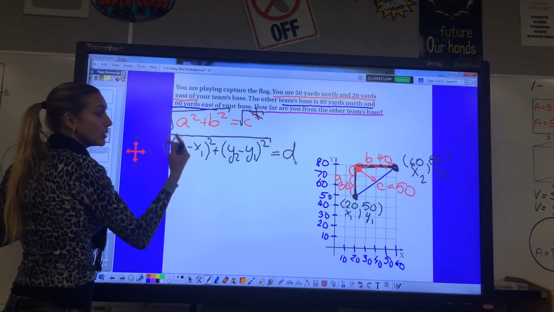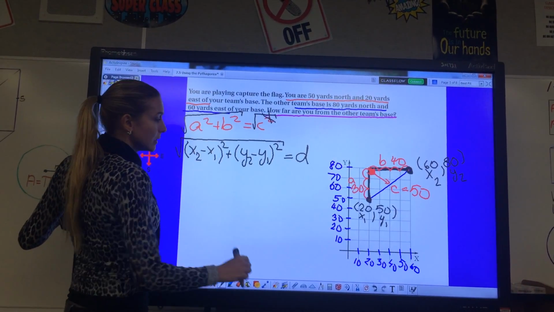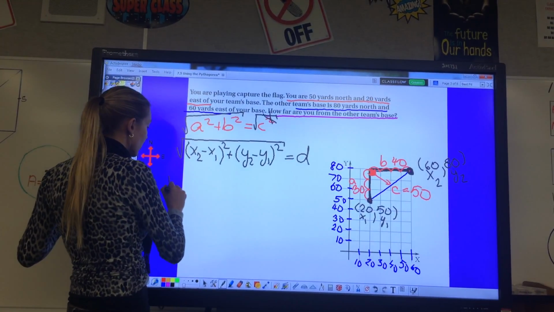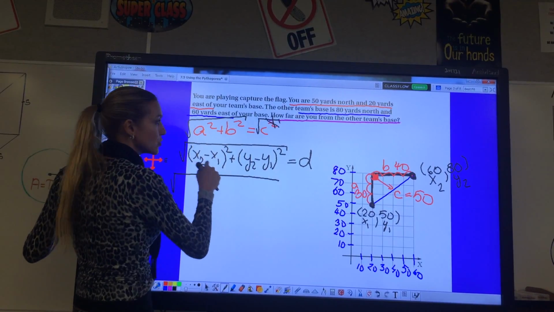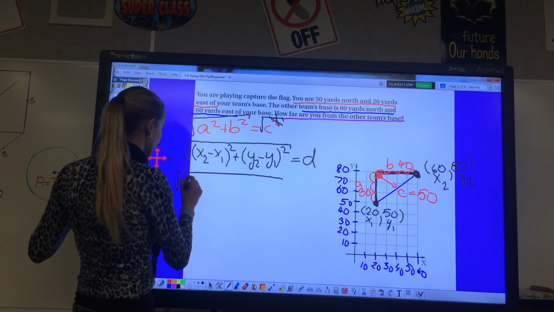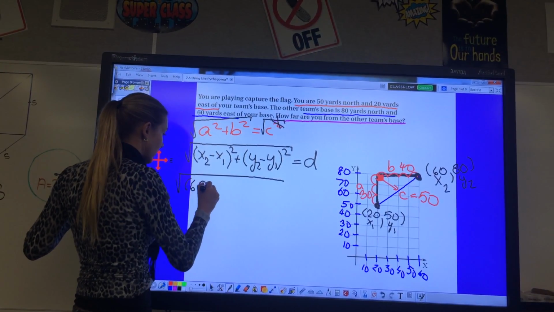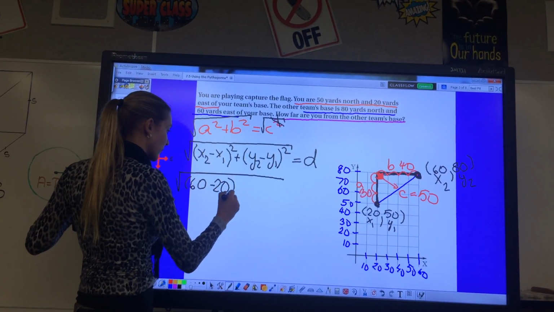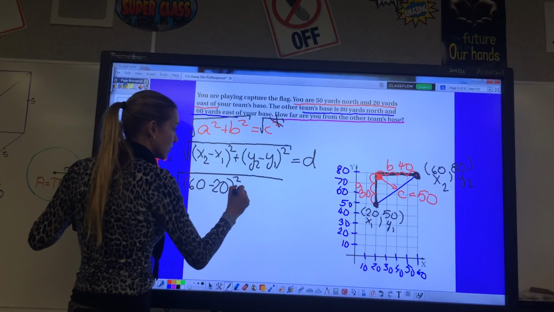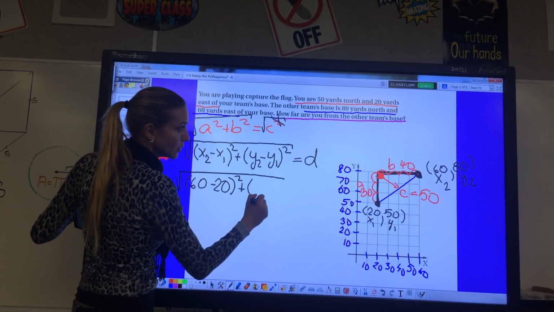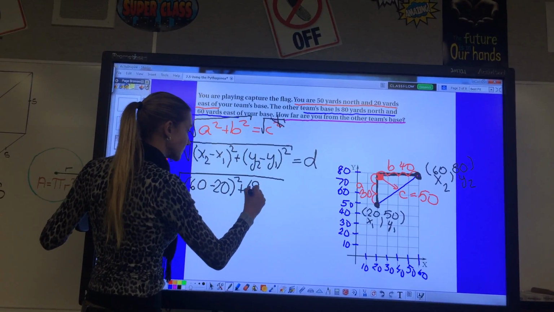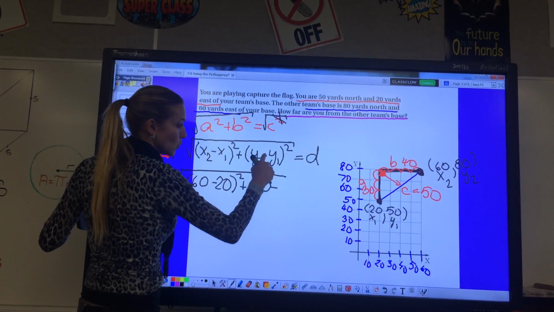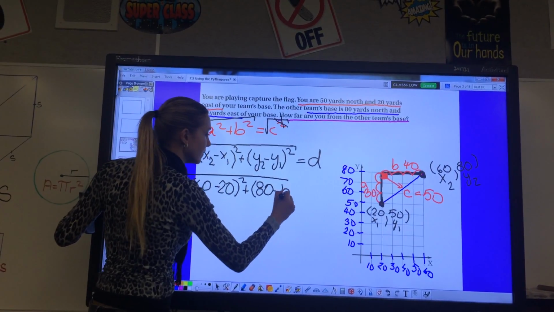Let's plug everything in, let's solve it, and let's figure it out. So, square root of x2, what is my x2? 60. Minus x1 is 20. Squared. Plus y2 is 80. Minus y1, which is 50.